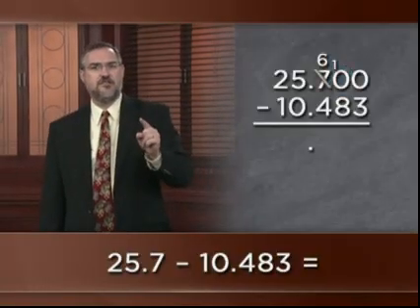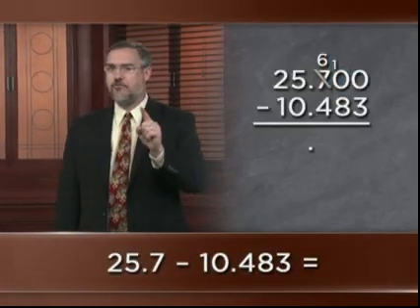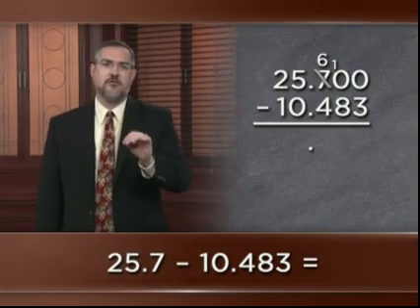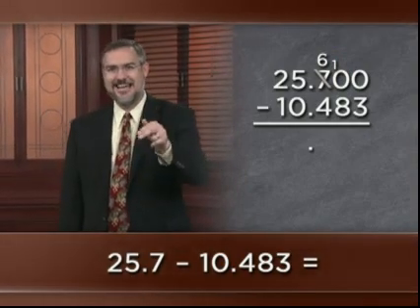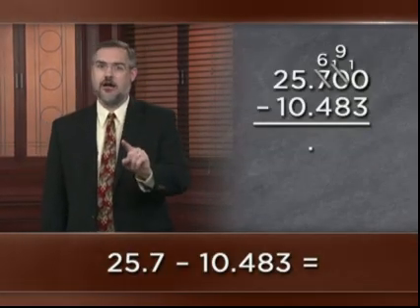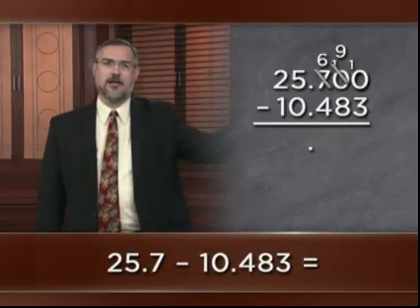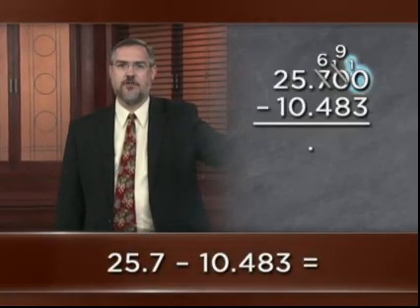But we still need to take care of the 0 that's above the 3. So before we do anything else, we're now going to borrow 1 from that 10 that we just put above the 8. That's going to give me a 9 above the 8 because I'm borrowing 1 from it. And now I'm allowed to put a 10 above the 3.